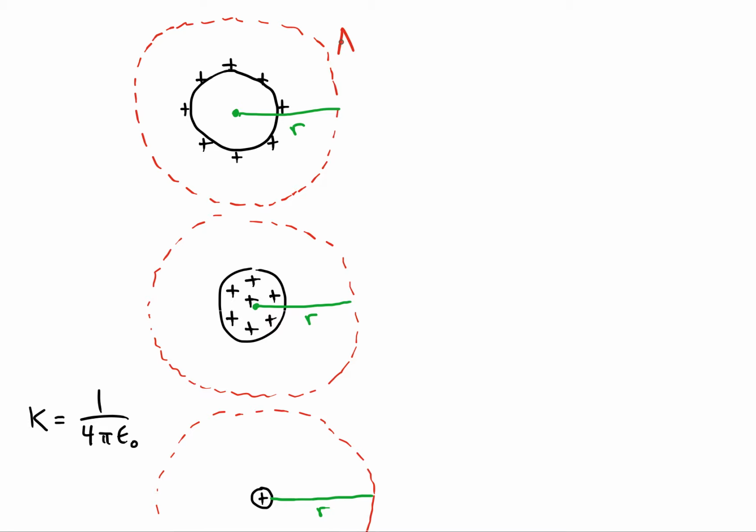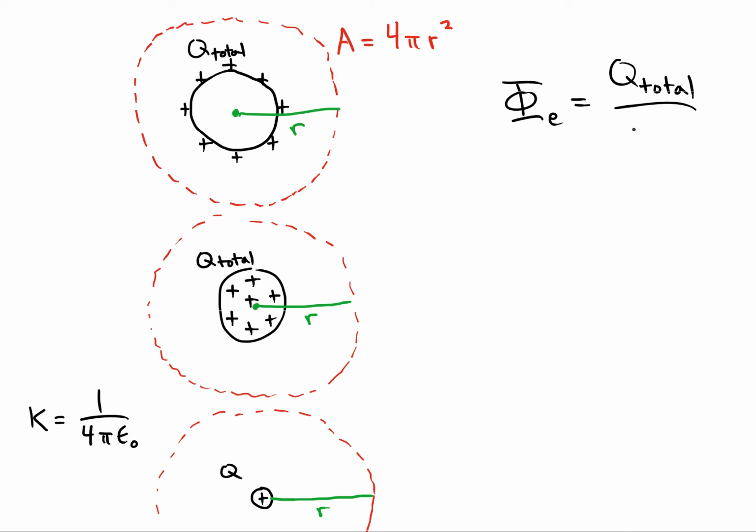In this case, we have a new area. It's given by 4 pi r squared. But our charge that's enclosed by that surface area is still the same. It's still Q total. So when we go to calculate Gauss's law, this is our setup.